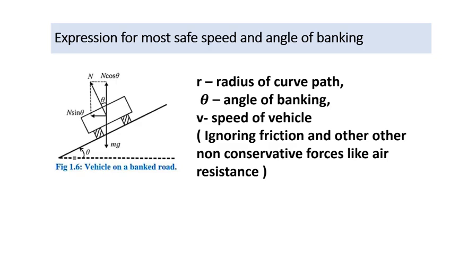Look at the diagram. Weight of vehicle mg acts vertically downward. N is the normal reaction perpendicular to the banked road, and its components are n cos theta, which is exactly opposite to the weight, and n sin theta.